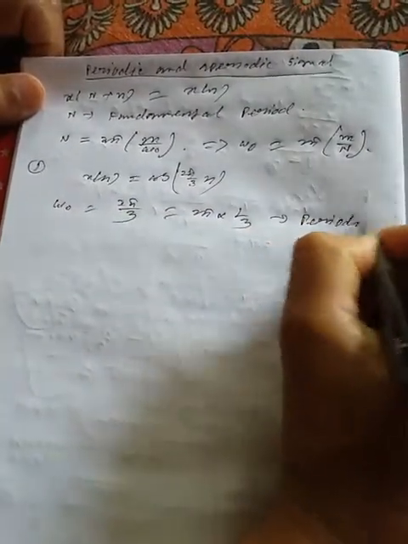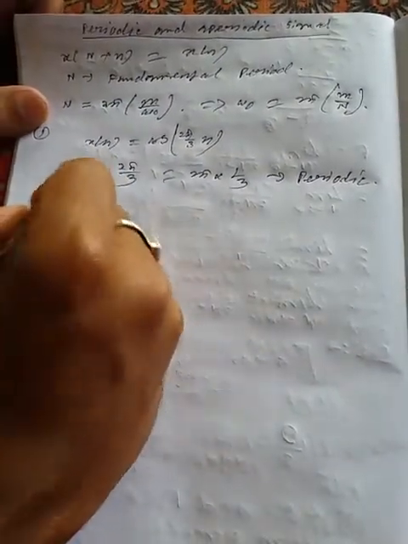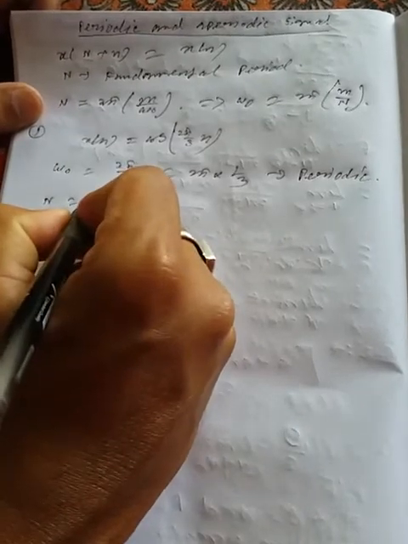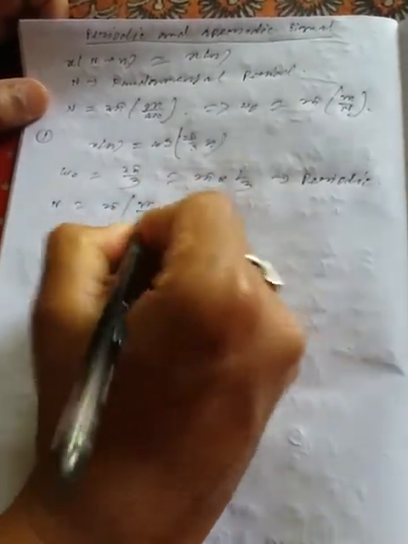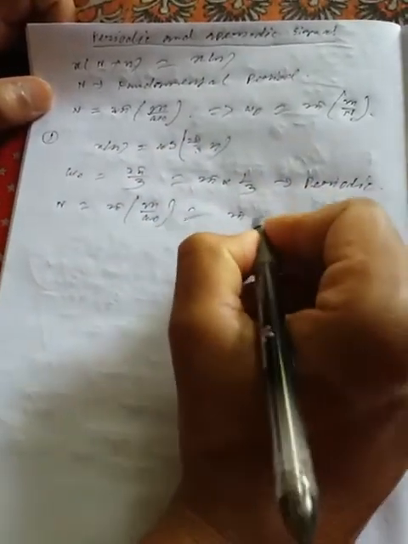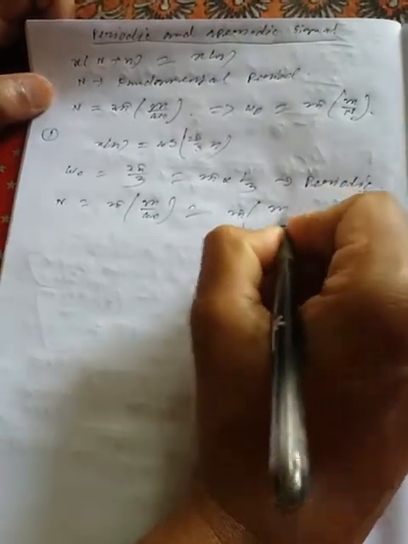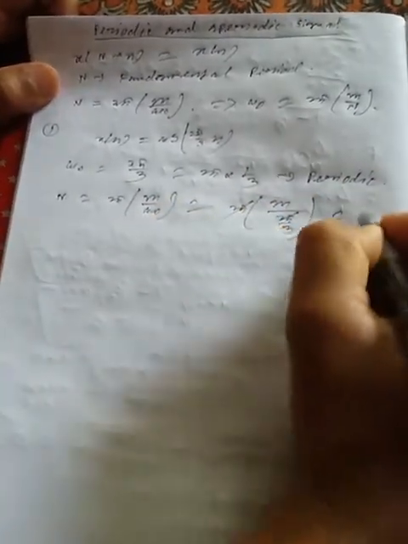Now we have to find the fundamental period N. The formula is N = 2π m / ω0. The value of ω0 is 2π/3, so this is 2π m divided by 2π/3. The 2π cancels out, and it equals 3m.